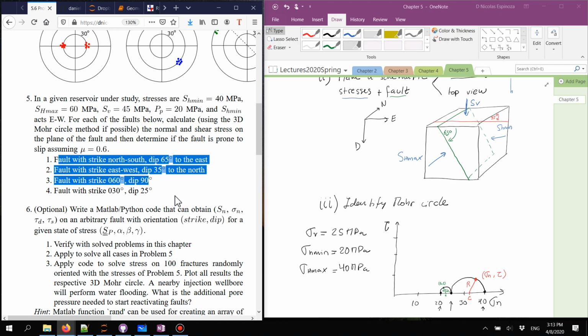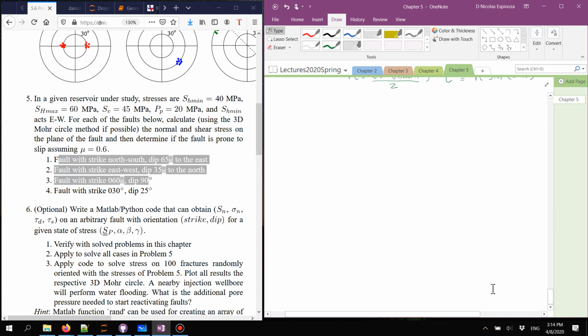And if you wanted to solve it, what you have to do is use the tensorial method. And that's the next problem. That's problem number 6, which I'm not going to ask you to solve on your own. If you want to do it, I can help you, but I'm not asking you to do it for this particular homework.